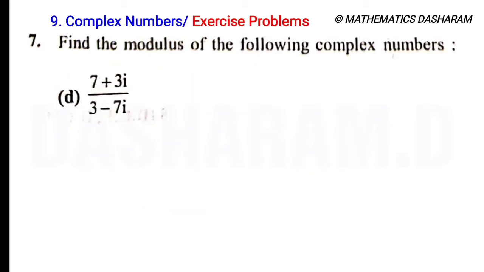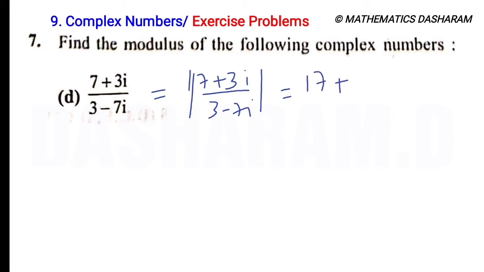Next question number D is 7 plus 3i divided by 3 minus 7i. So mod 7 plus 3i divided by 3 minus 7i. Apply the mod for numerator and for denominator.